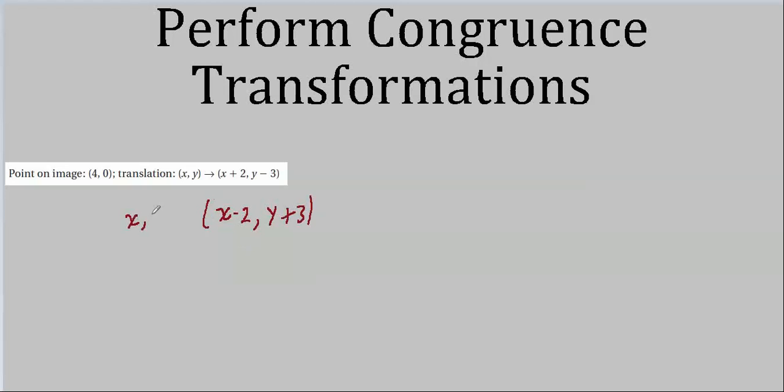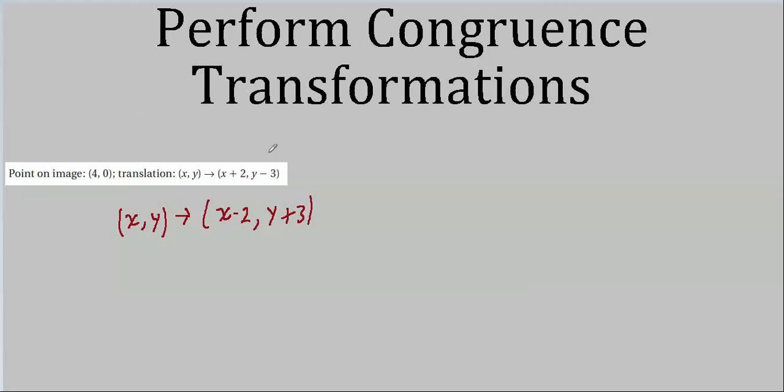So this would be the inverse of this translation. The translation moved (4, 0) to here. Well, actually it moved the entire object to the right 2 units and down 3 units. So how do we get back to the original? Well, we go left 2 units and then up 3 units, and that puts us right back where we started.